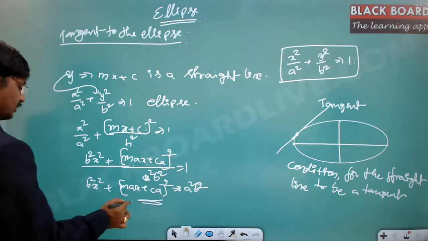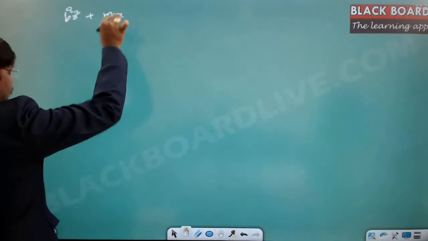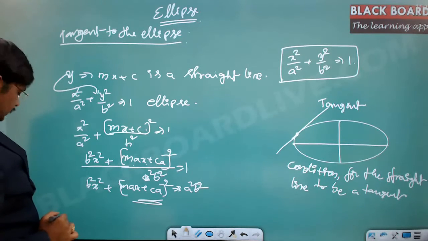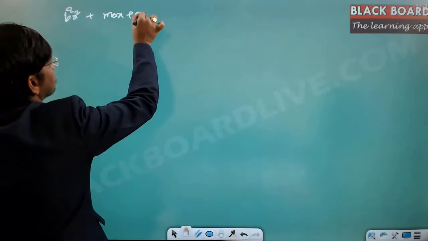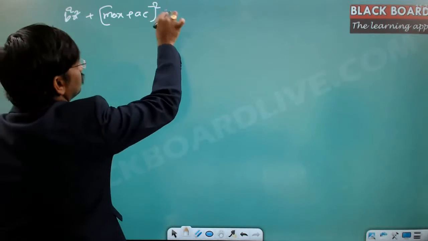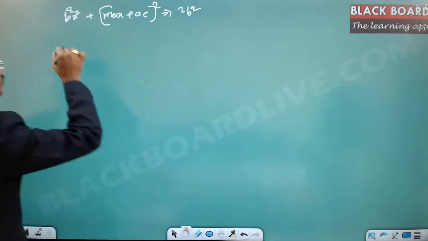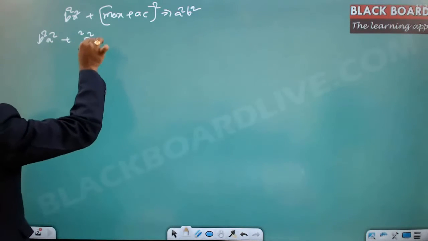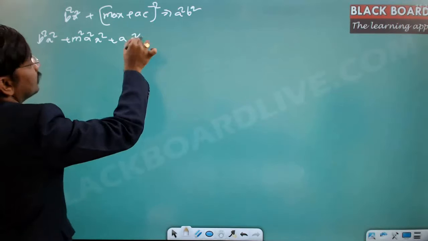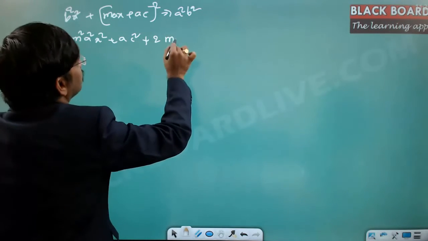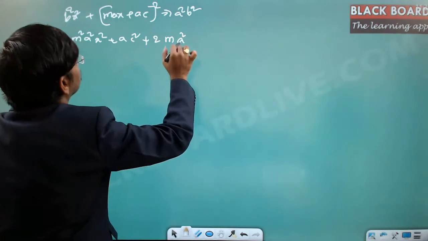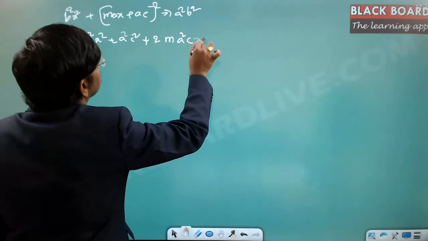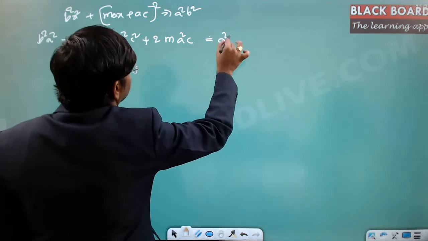Now we can expand it: b square x square plus m square a square x square plus a square c square plus 2 m a square c x is equal to a square b square.